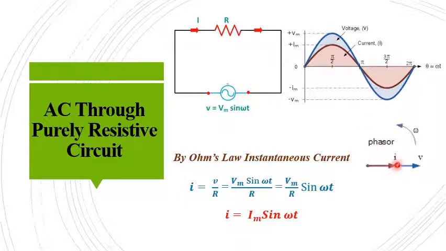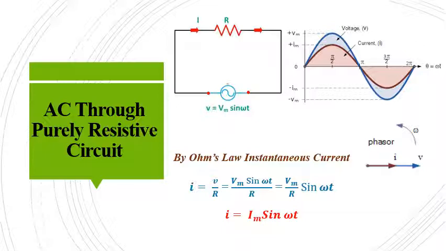And here we can see that the magnitude of current is less than the magnitude of voltage. So the current phasor is smaller than the voltage phasor. So this is the representation of the voltage and current through a purely resistive circuit, as well as their phasor diagram.